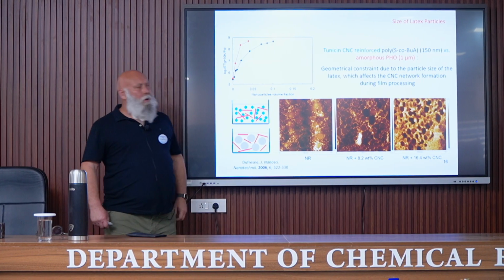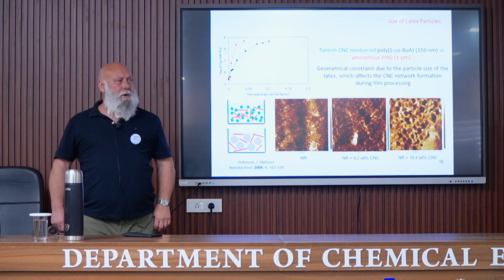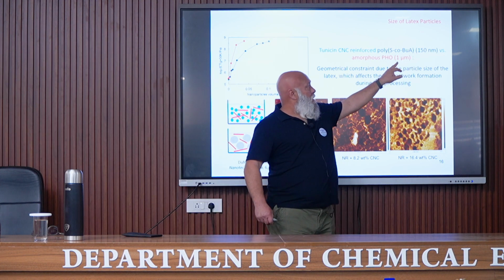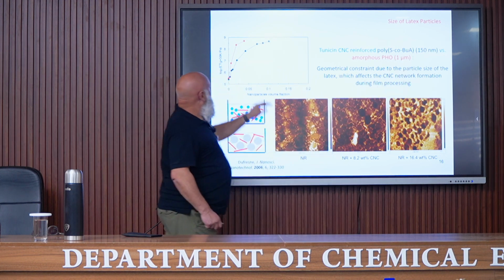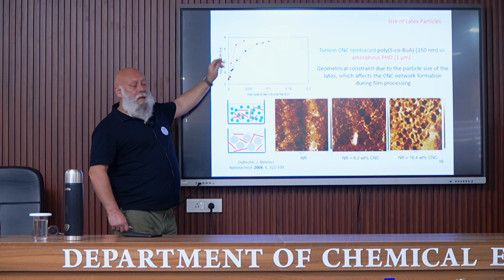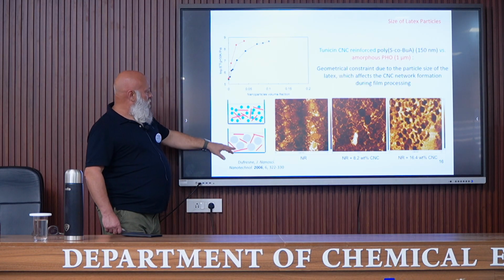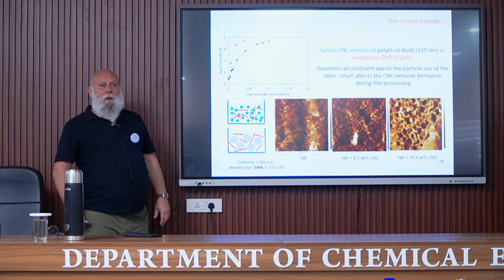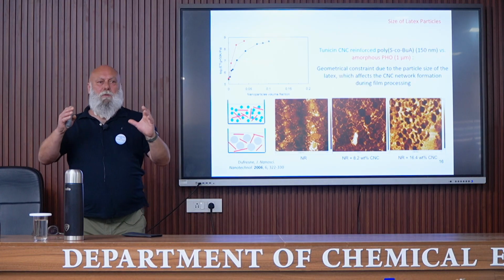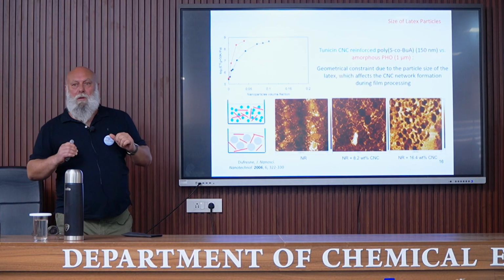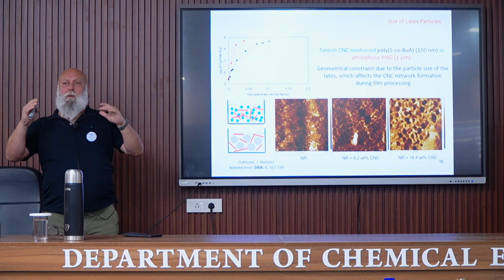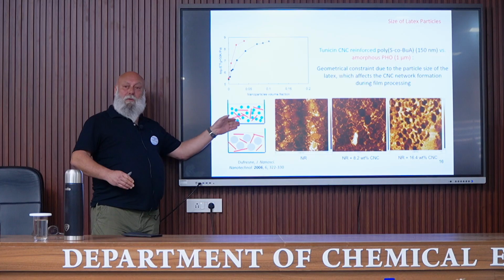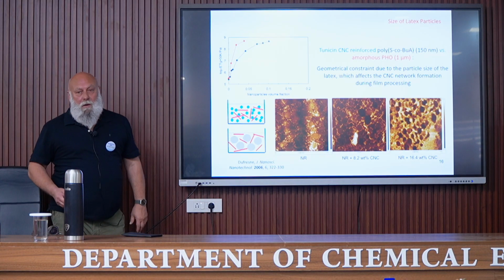We also used PHO, polyhydroxyoctanoate, and you can see that the size of the latex particle is much higher, and we obtain higher mechanical properties. The reason, probably, is that during evaporation, of course, the latex particle cannot be penetrated by the nanorod, meaning that we have a bigger excluded volume. And so probably the formation of the continuous network is easier.